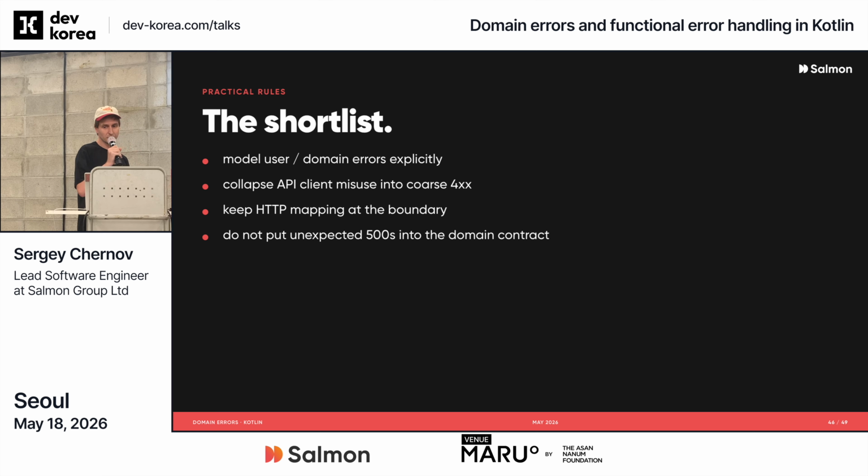So, the short list of recommendations: model your business failures properly; use an API client category to collapse the error cases into one, such as just invalid request; only map the domain error to the HTTP response at the controller boundary layer; and don't design unexpected errors into your domain error union type.